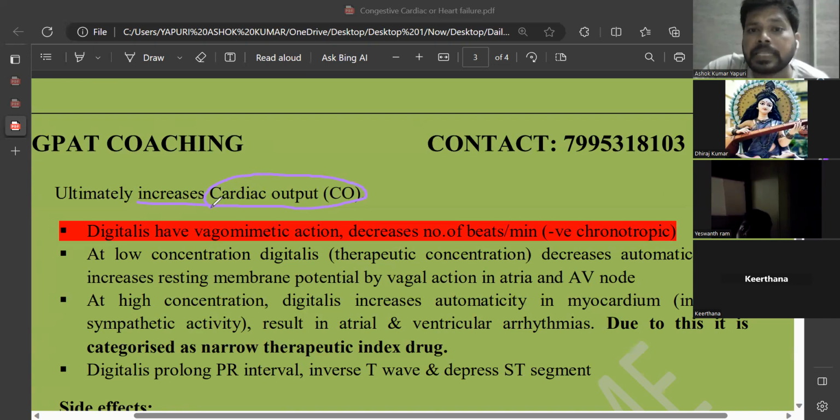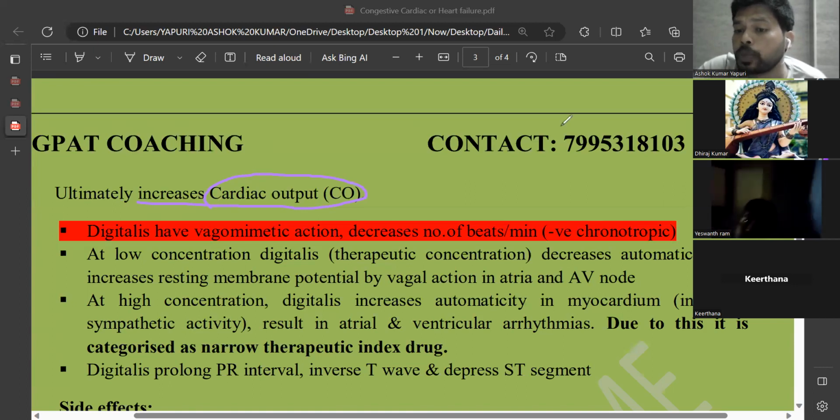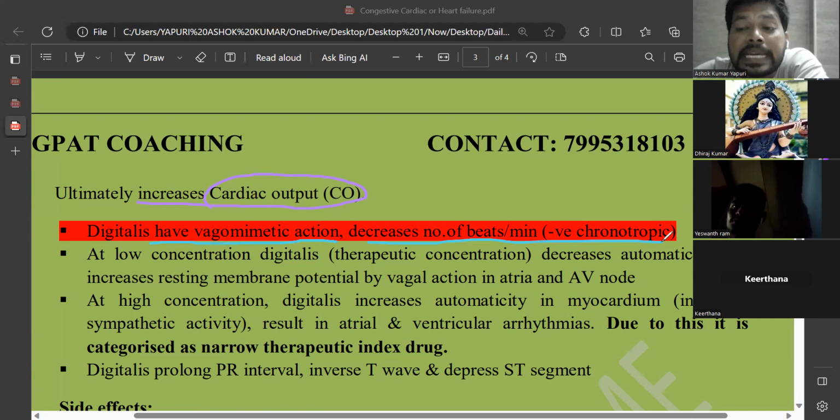And there is another interesting thing. Digitalis can produce positive inotropic action, and digitalis also has a vagomimetic action, which decreases the number of beats per minute, that is, negative chronotropic action. That means it reduces the number of beats. How does it reduce them? It is a vagomimetic; it mimics the vagus nerve action. If the vagus nerve is stimulated, the parasympathetic nervous system is stimulated, and acetylcholine is released.